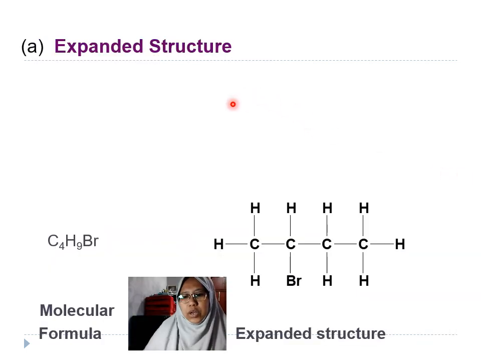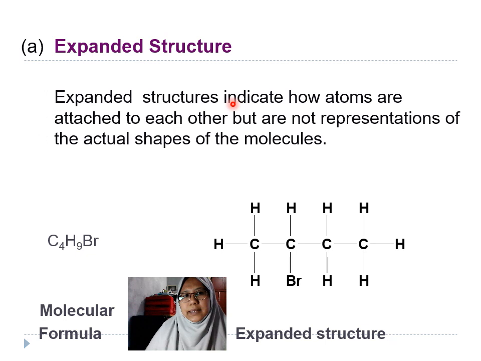The expanded structure indicates how atoms are attached to each other, but is not a representation of the actual shape of the molecules, because you cannot see the three-dimensional geometry of the compound. So we're going to see the bonds that are attached to each of the carbon atoms in the molecule.